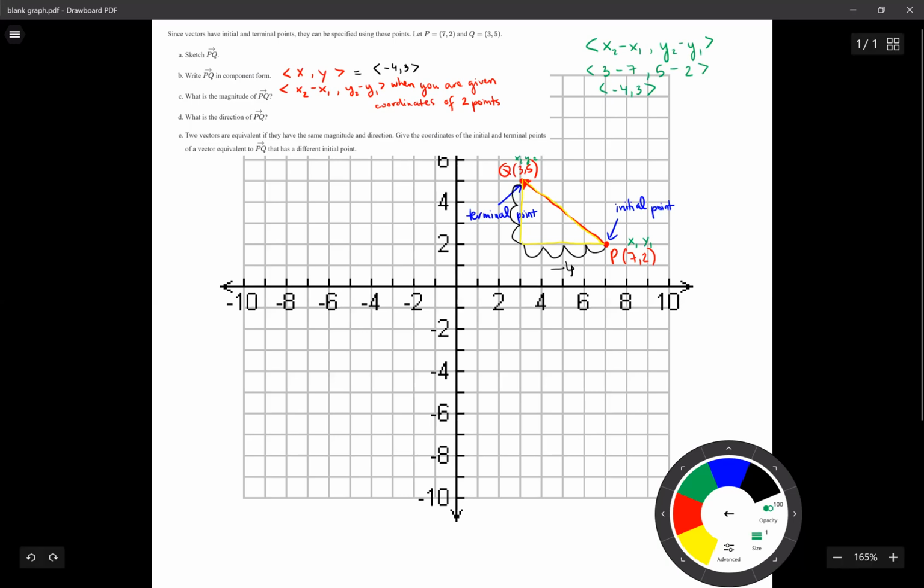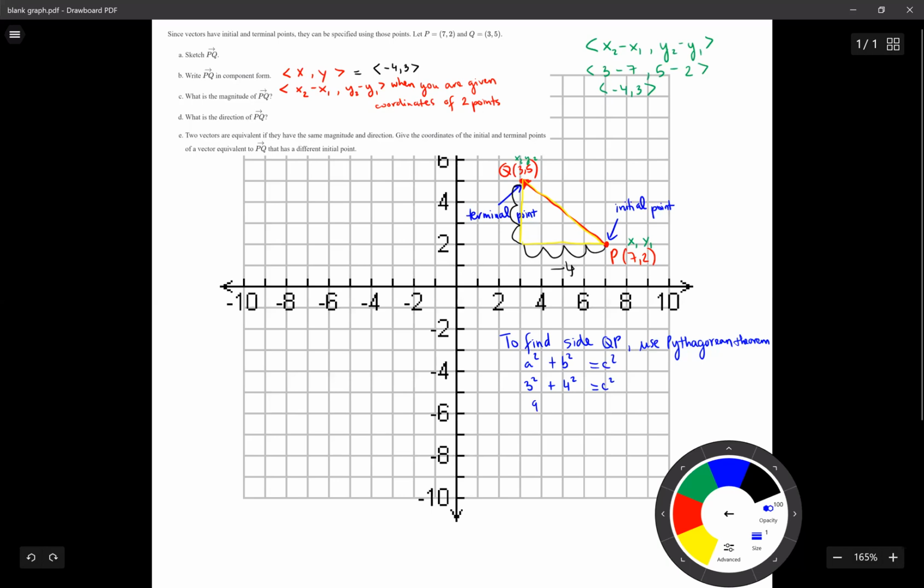So down here, to find side QP, use the Pythagorean theorem. a squared plus b squared equals c squared, and we have 3 squared plus 4 squared equals c squared.